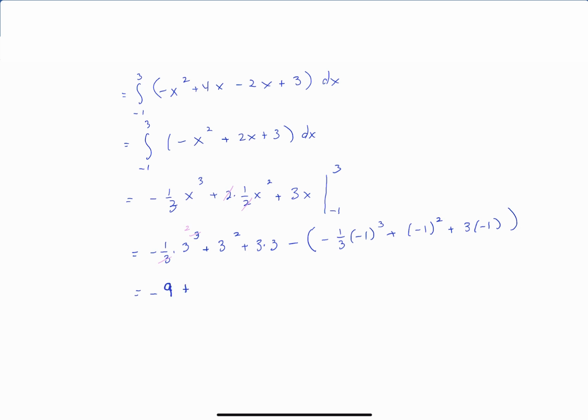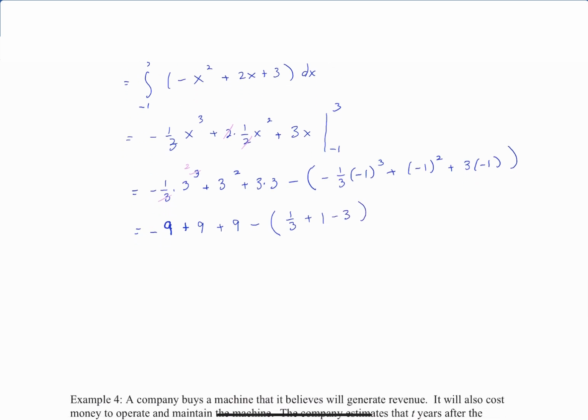And then we have plus 9, because 3 squared is 9. Plus another 9. Minus, and in the parentheses, we have a negative 1 times negative 1/3, that's a positive 1/3. Then negative 1 squared is positive 1, and then we have minus 3. The 2 9's on the front end cancel, leaving us just a 9 outside the parentheses. And then inside the parentheses, 1 minus 3 is negative 2.